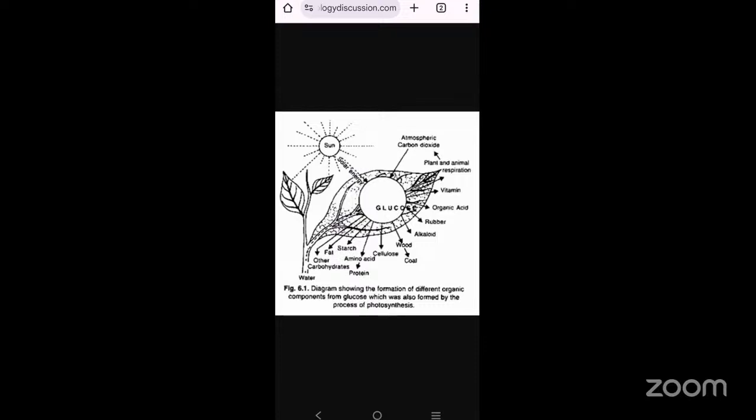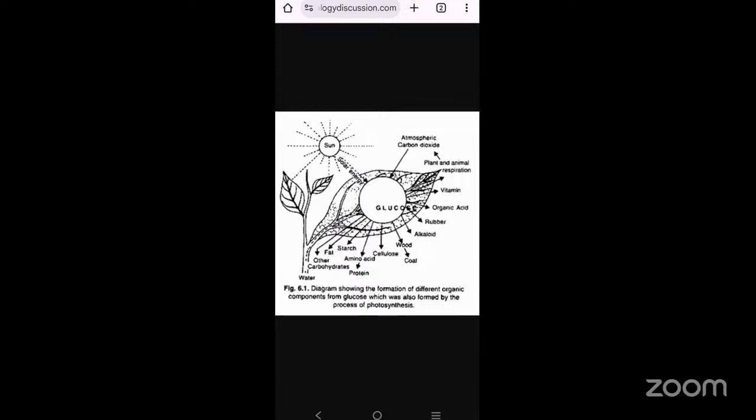The first one is this: photosynthesis is the most important natural process which sustains life on the earth. Without photosynthesis, human beings and any organism cannot survive, because without food we cannot survive.